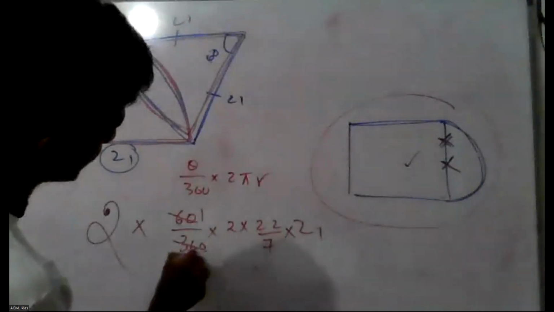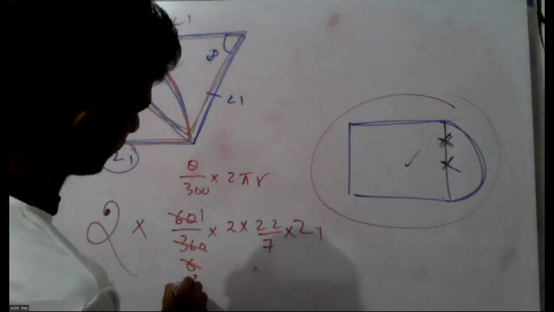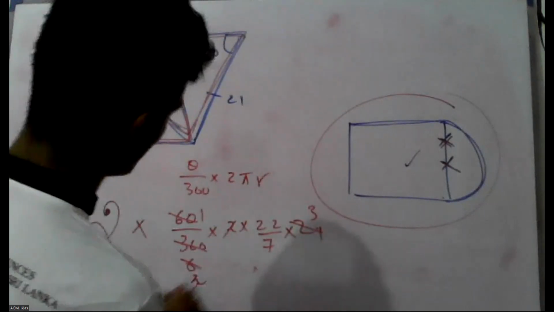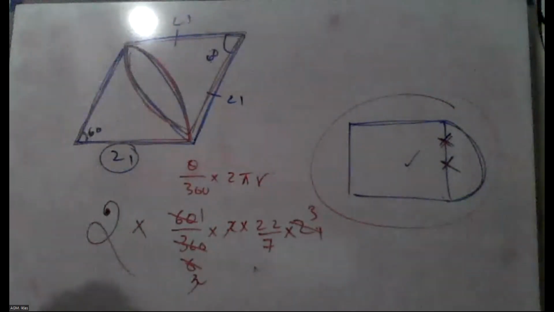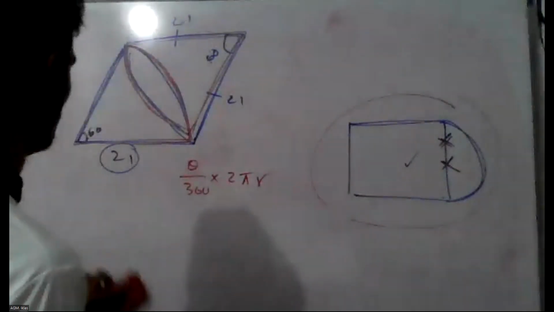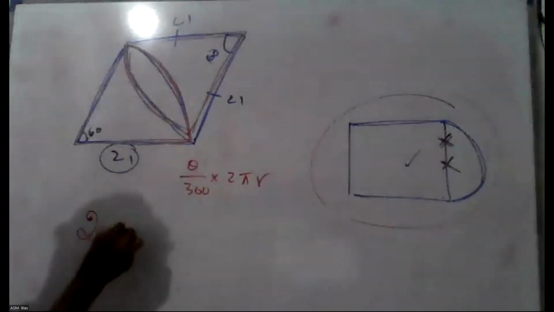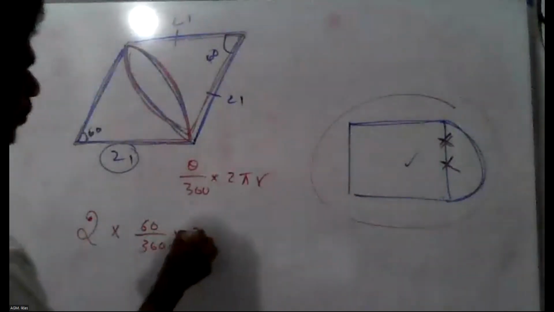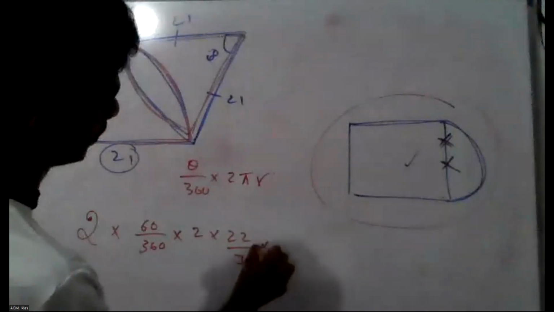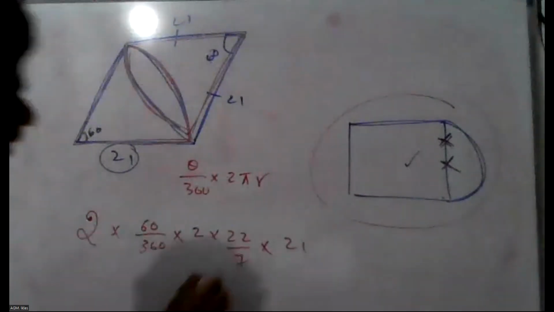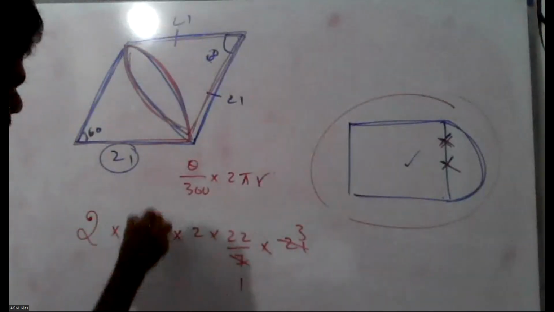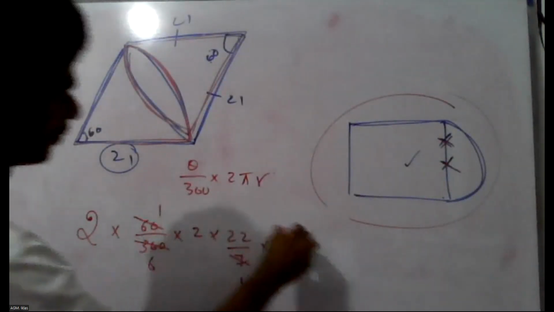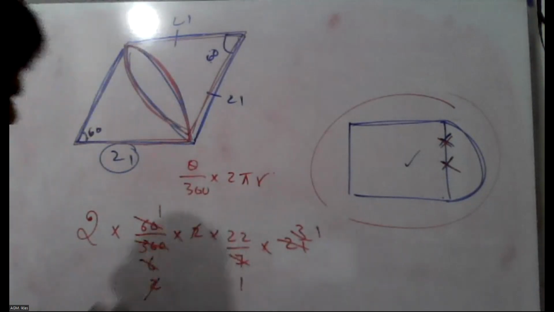So if I simplify by 3, and here 1, 3, here 1, 6, 1, 2.